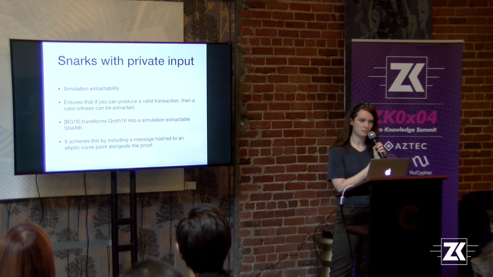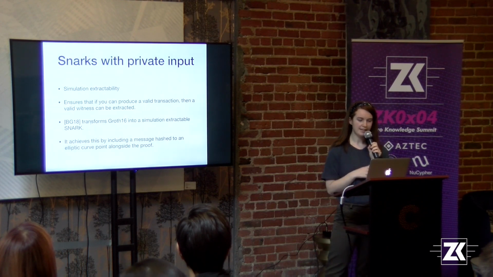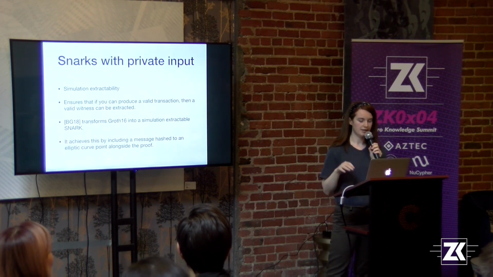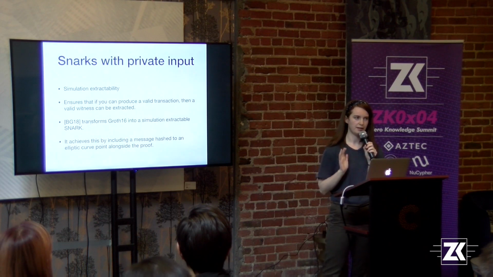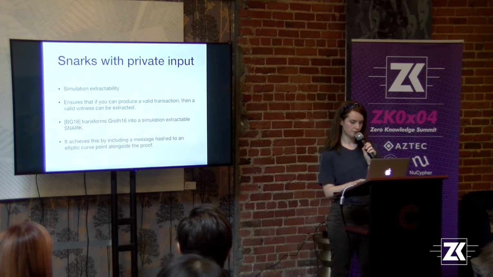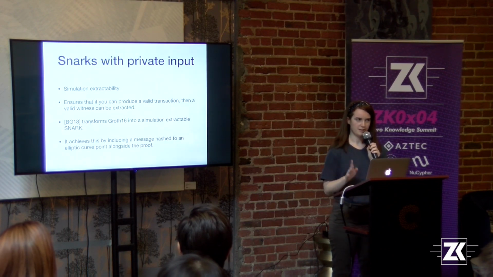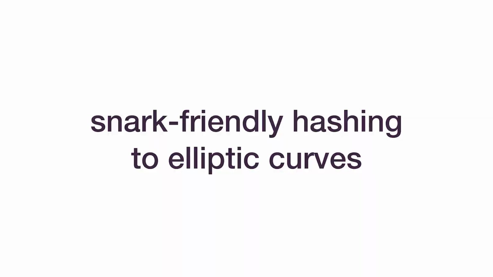And one of the extensions which gets you this is Bowe-Gabizon 18, and this does it by including a message hashed to an elliptic curve point as well. This stops people being able to malleate the proof. So in this case as well, you would want efficient hashing to elliptic curves inside of a SNARK.